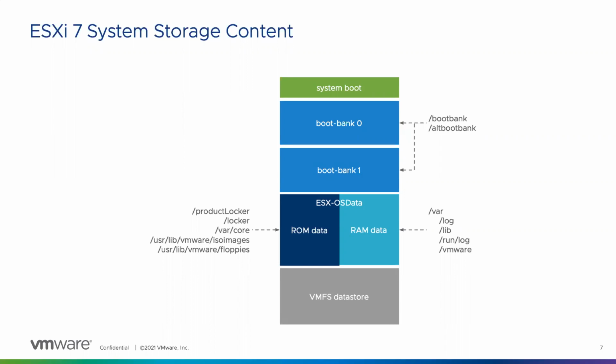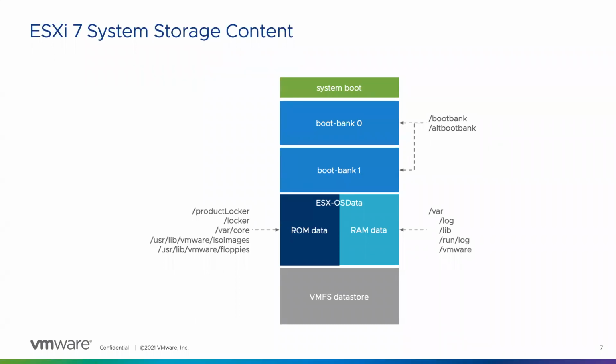Core VIBs such as your core VMkernel, right? Solution specific VIBs such as anything related to vSAN, NSX, or any third-party solution that you integrate with the ESXi host. Another thing that you see is the alternate boot bank. If any of you have used the Shift-R option to roll back your ESXi host to a previous version, that happens with the help of the alternate boot bank.